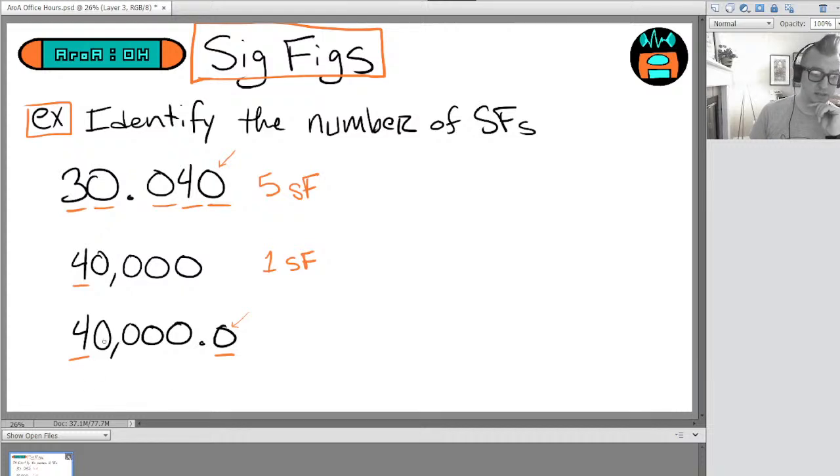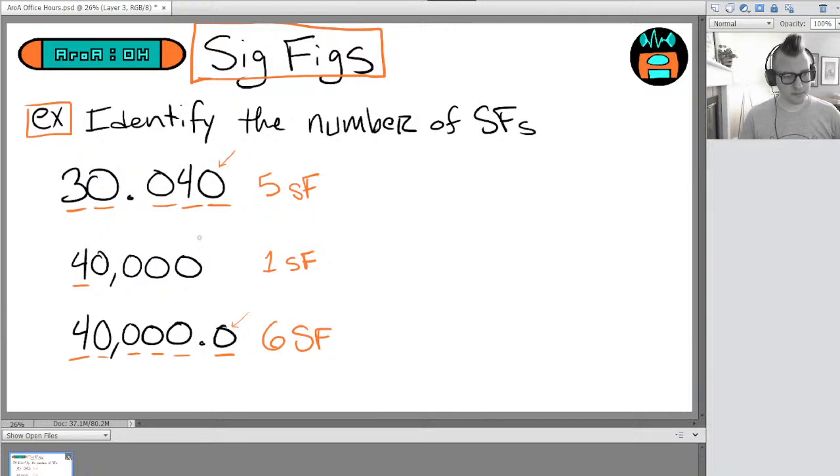And then you'll notice that these 4 zeros in between our 4 and our terminal 0 are between 2 significant digits, so they are all significant. So 40,000.0 has 1, 2, 3, 4, 5, 6 significant figures.